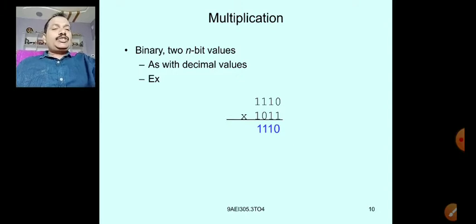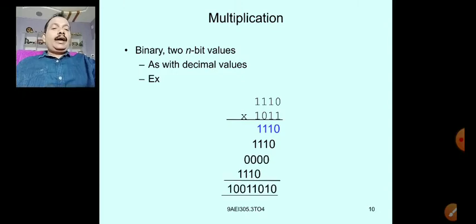Very simple. 1 zeros are 0, 1 ones are 1. Similarly, next step. Like that you go on, and finally you add. You will get the result like this. So this is a simple multiplication. Very simple. Okay.